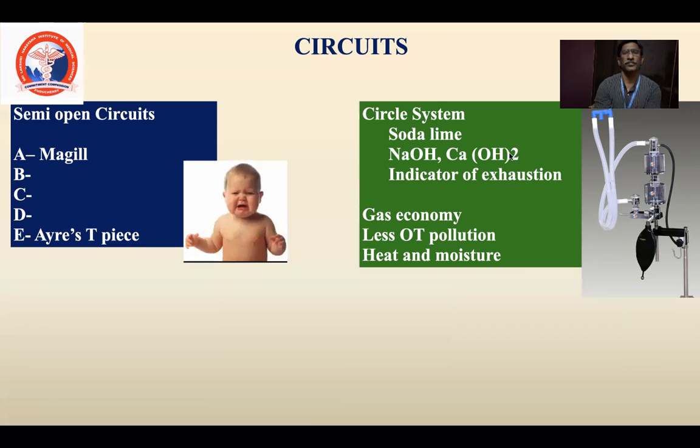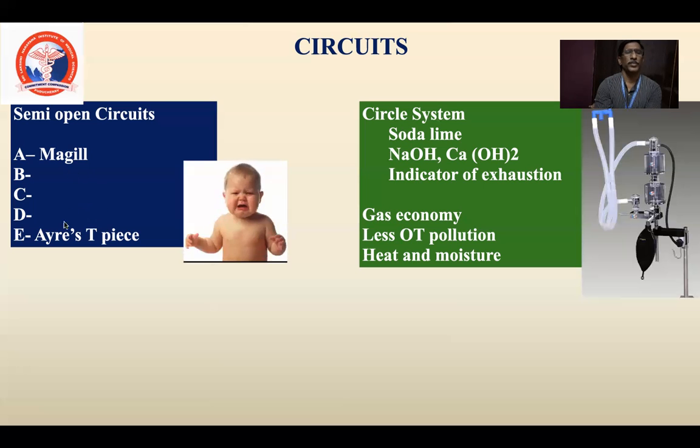So we will change it. In case of semi-open circuits, the expired gas is vented out to the atmosphere. It is not recycled. So we need a higher flow, there is higher consumption of inhalation agents like isoflurane and sevoflurane, and there is more OT pollution. Heat and moisture are lost.